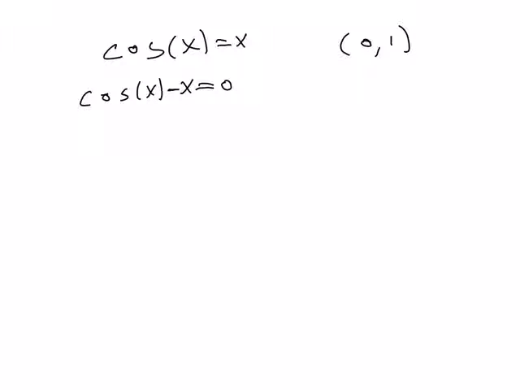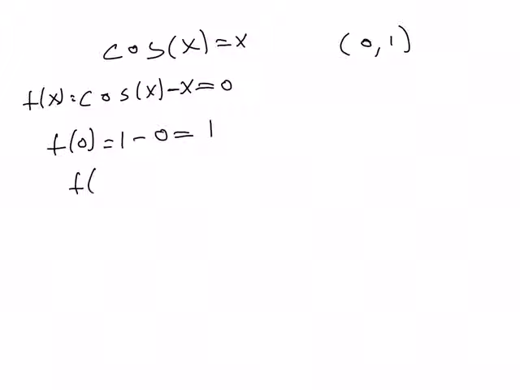So let's put in 0, and we're going to get 1 minus 0, which is equal to 1, right? So let f of x equal cosine of x minus x. So f of 0 is equal to 1 minus 0, which is 1.